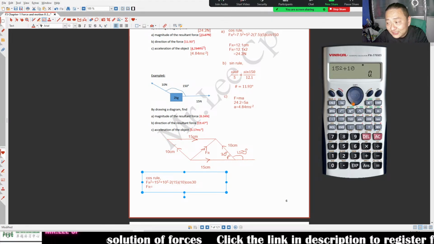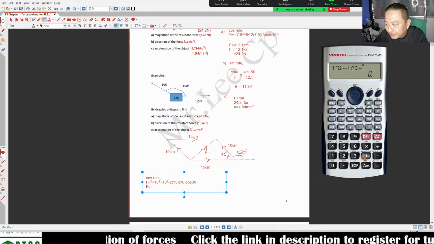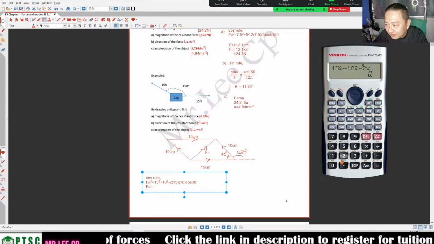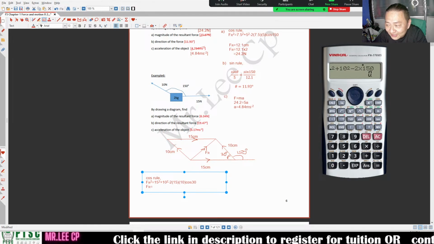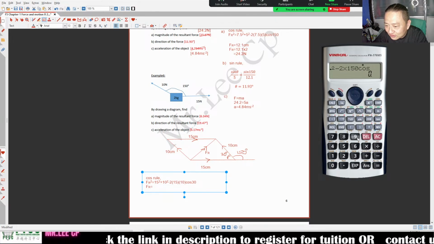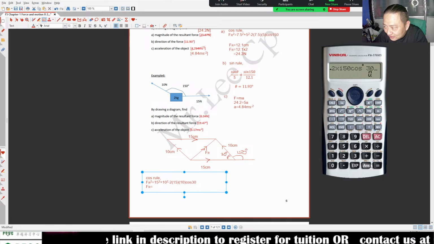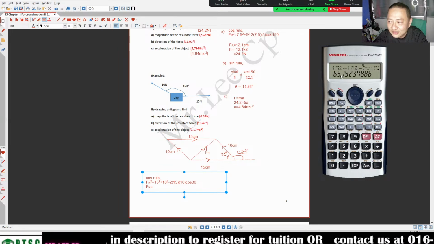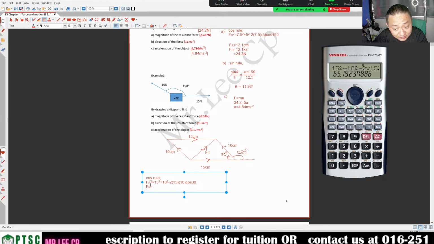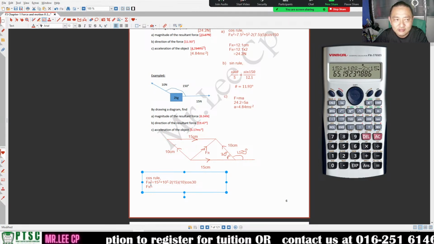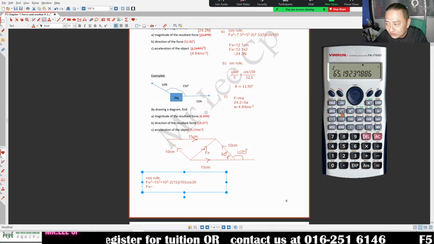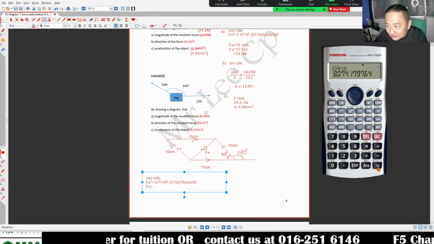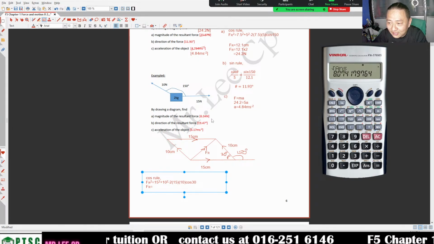15 square plus 10 square minus 2 times 15 times 10 times cos 30 gives 65. 65 is FR square. I want FR, the resultant force. The square root of your answer, you get 8.07. The earlier answer is wrong.